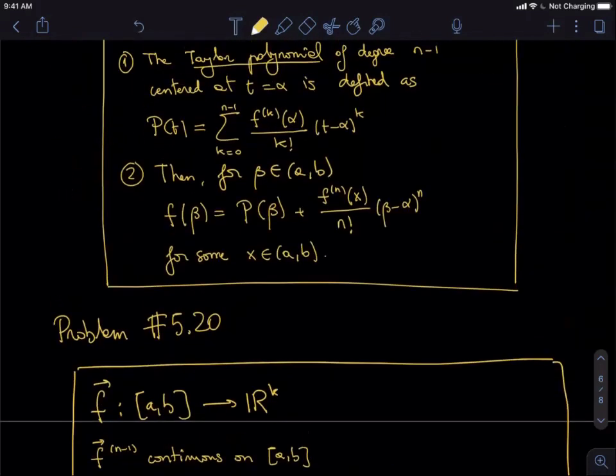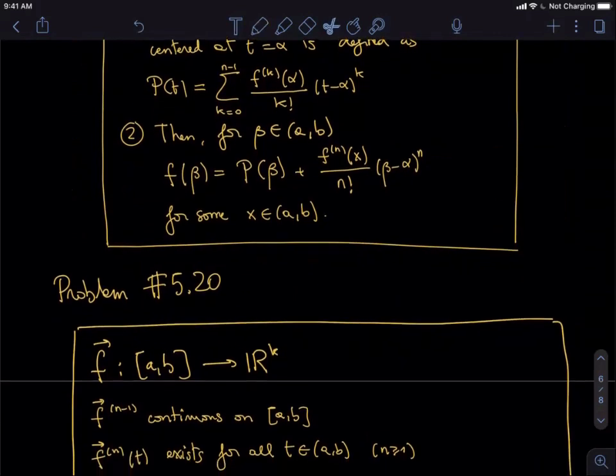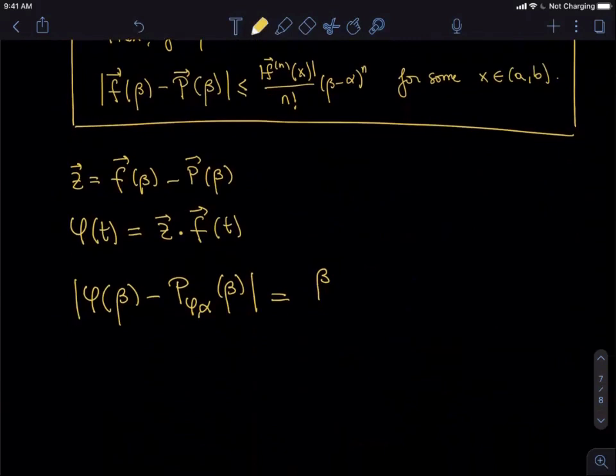And here we are applying the theorem for a real function of one variable. This is beta minus alpha to the power n divided by n factorial times the nth derivative at some point x. And because I'm taking the modulus here, I'm putting the modulus here too.